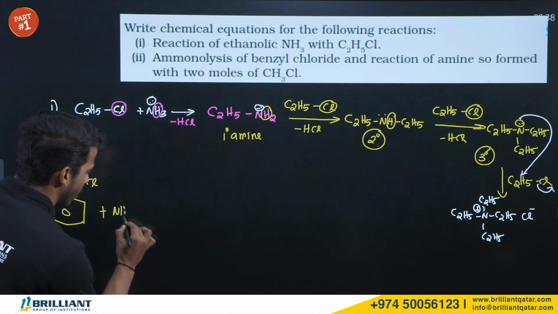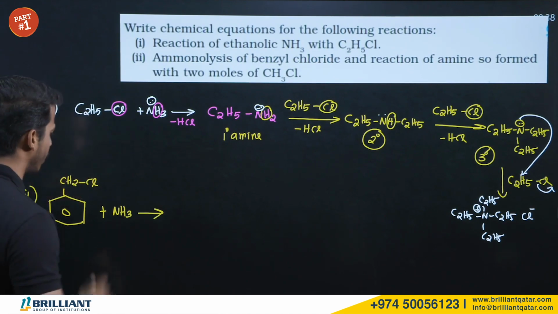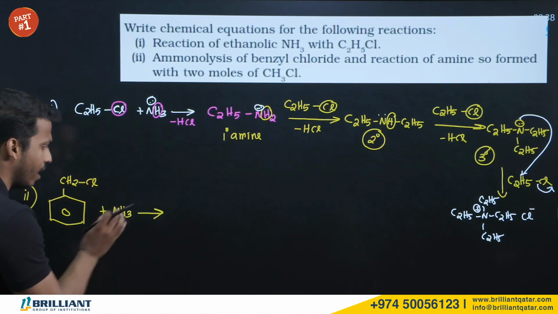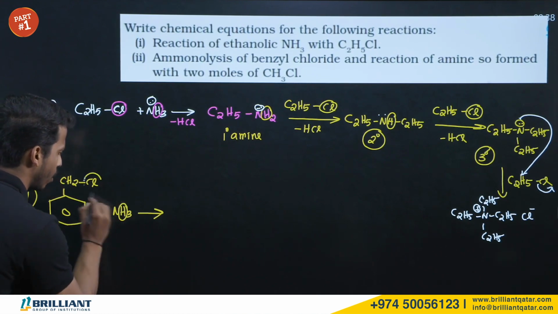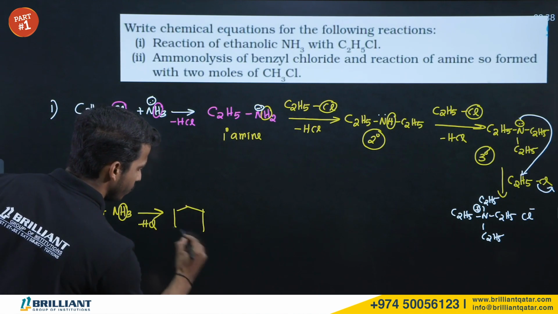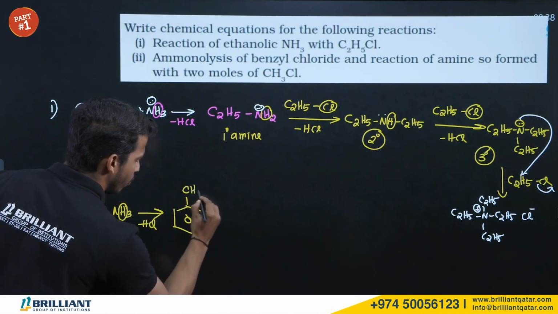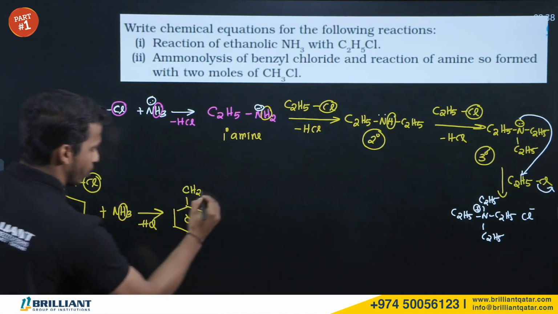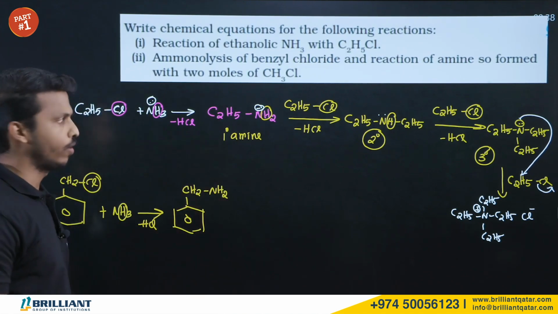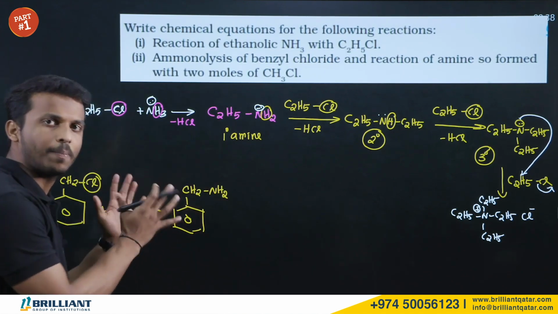Let us treat it with ammonia. When you treat this benzyl chloride with ammonia, the same thing will happen. This is a haloalkane, and this hydrogen and chlorine are removed as HCl. So you will get CH2NH2, benzyl amine.